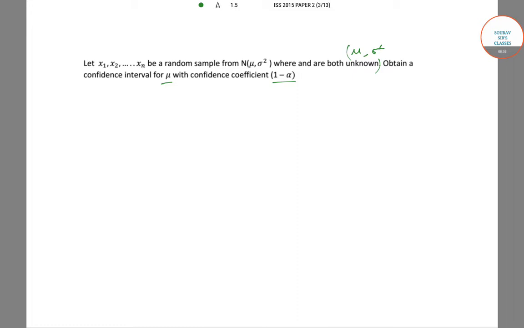Now we know that z, which is equal to x bar minus mu divided by sigma by root n, follows normal distribution with mean 0 and variance 1, where this x bar is the sample mean, which is equal to 1 by n summation i goes from 1 to n xi.